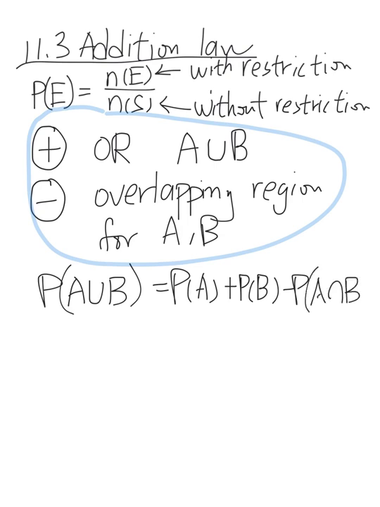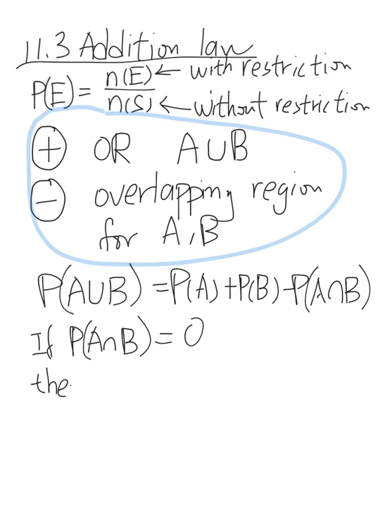That means A and B should happen together. Now, if there is no overlapping region, meaning that they cannot happen together, then when we're talking about the A or B probability, we add the two values together.